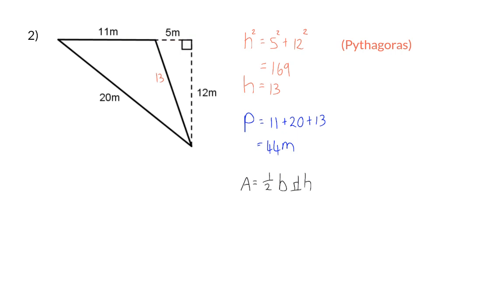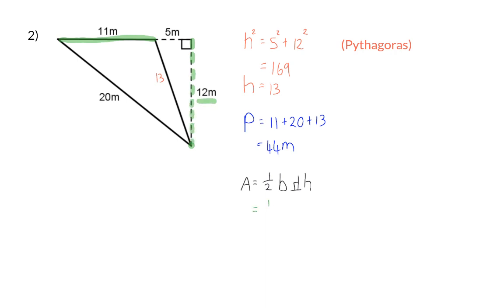In this triangle's case, our base will be 11 meters. The perpendicular height will be the height drawn perpendicular to this same plane to the highest point, or in this case, the furthest point of the triangle from this side. That means that our perpendicular height in this case will be 12 meters.